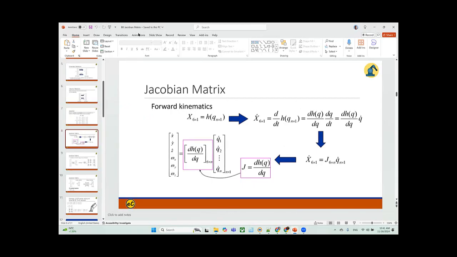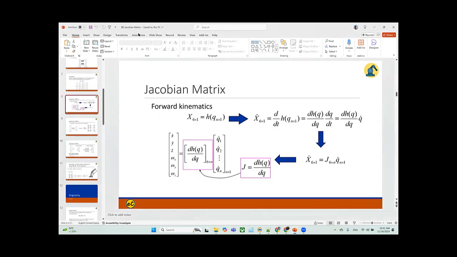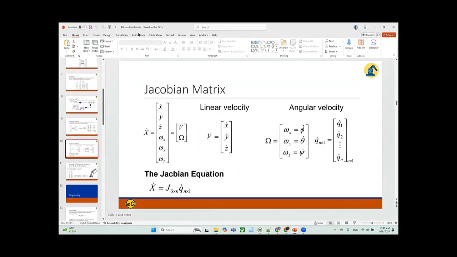So Jacobian matrix is a systematic way to calculate the differential equation for the derivative of your state variables. Okay, that's what it is. And these are used to calculate the velocity and the acceleration of your state variables.